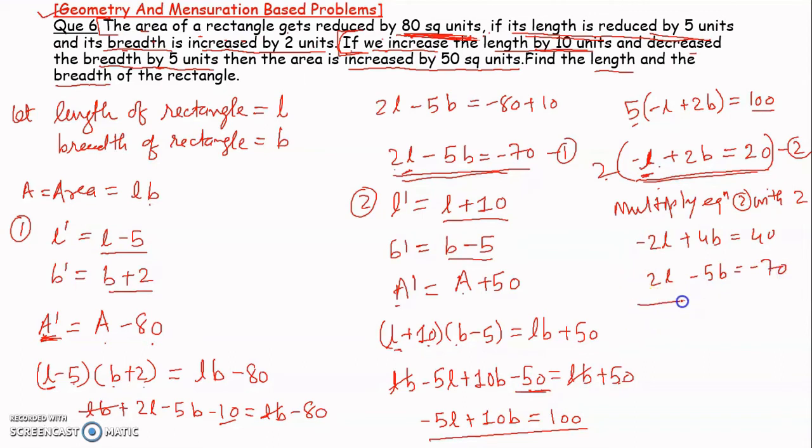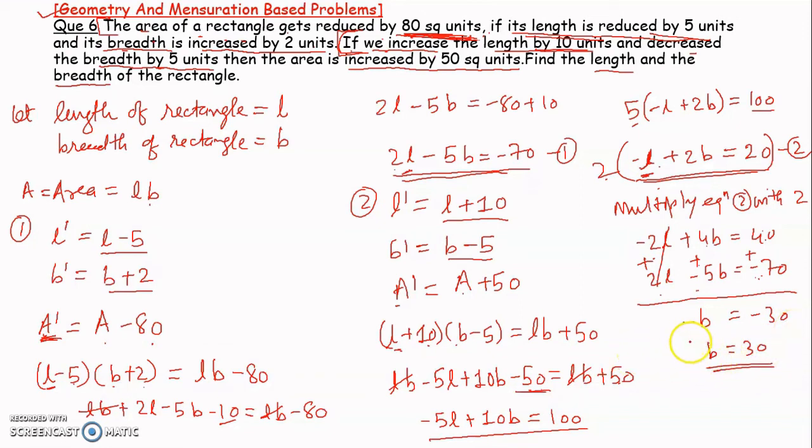Now if you add those two equations, minus 2L plus 2L will be cancelled out. Here 4B plus minus 5B, so 4B minus 5B, that is minus B, is equal to 40 plus minus 70, so 40 minus 70, that is minus 30. So here we get B equal to 30.